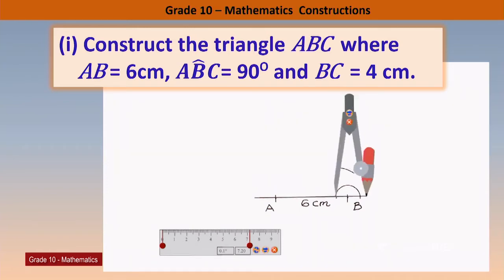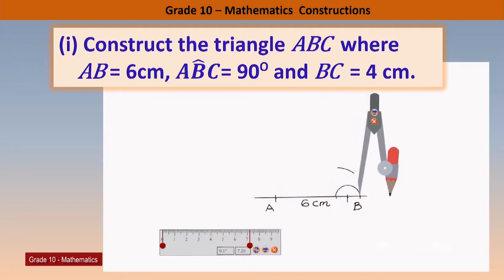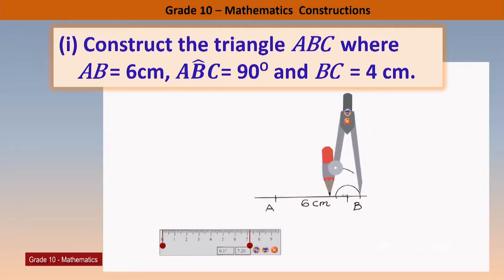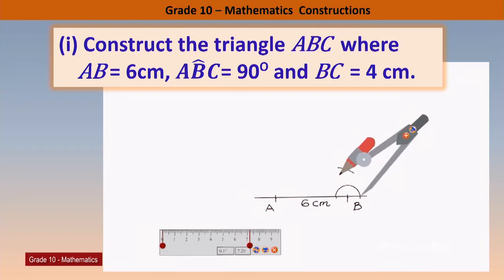Or if someone wants, construct 60, another 60 and bisecting 60, 60 and 30 we can take 90. Even we can use 180 bisecting for the 90 degree angle. So, here I have used to get 90 degree by constructing 180 and bisecting the 180, we got 90. So, that is the angle 90.